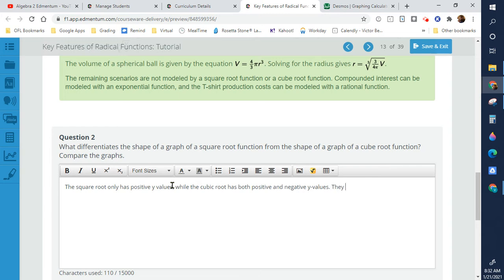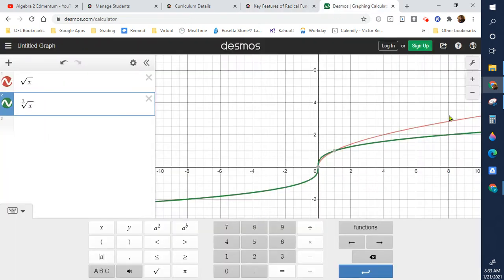They both have a curve where the growth slows over time. Not necessarily that the growth decreases, but the growth slows over time. So it's growing, but it's just growing less over time.